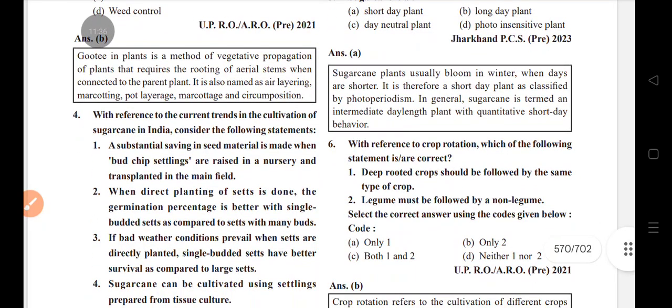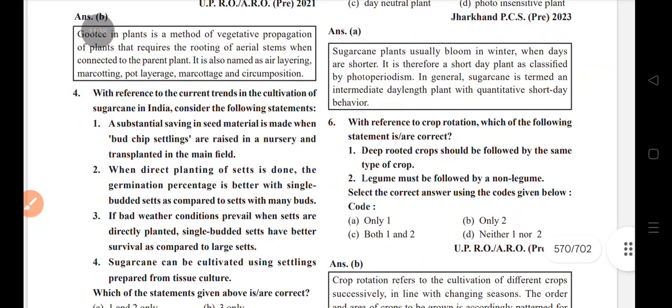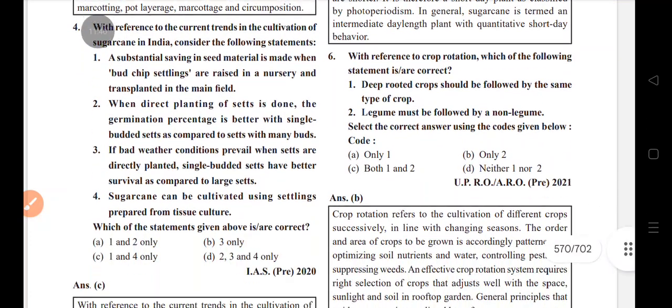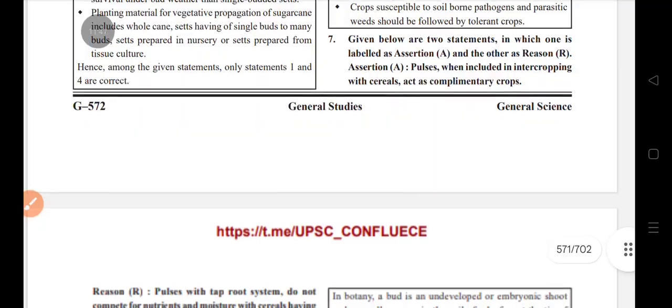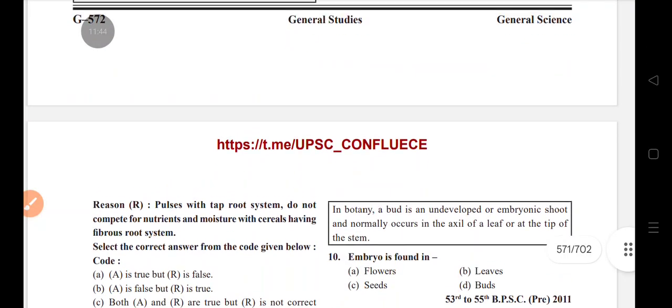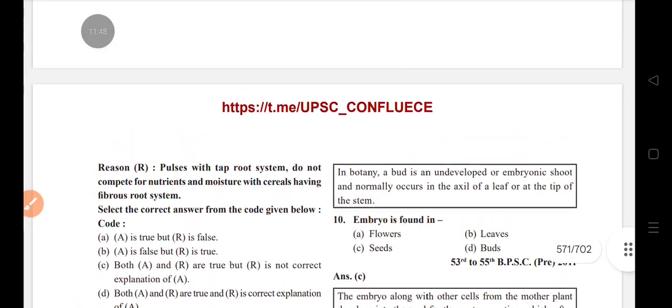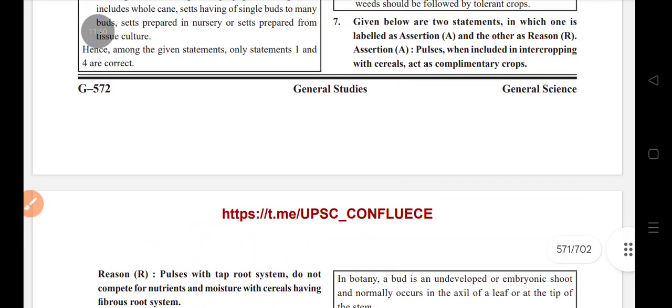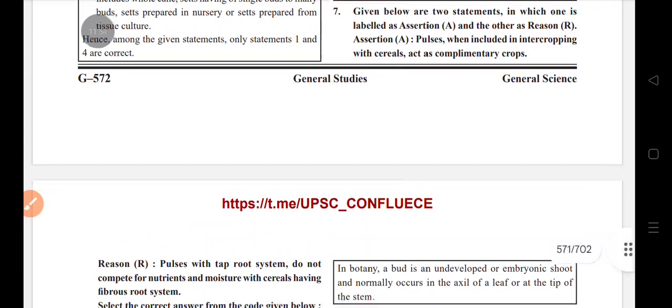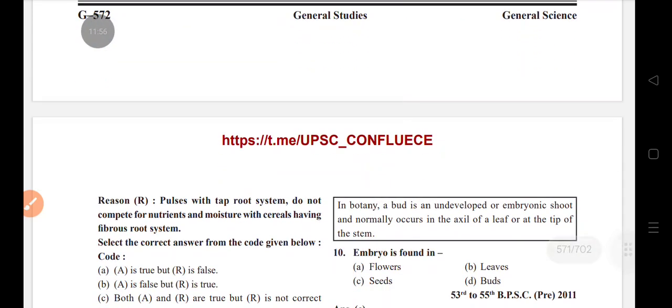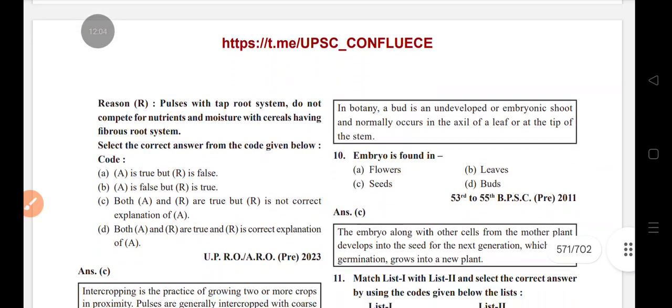Crop rotation: legume must be followed by non-legume. Pulses when included in intercropping with cereals act as a complementary crop. Pulses with a taproot system do not compete for nutrient and moisture with cereals having fibrous root system.